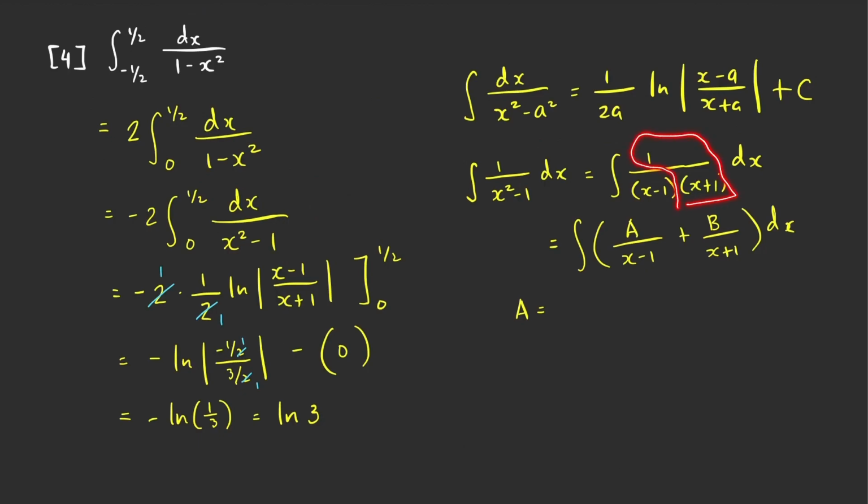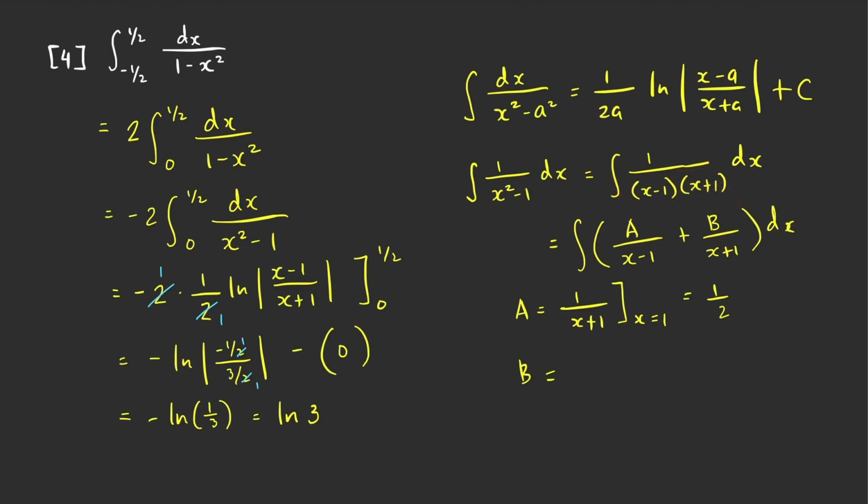You cover the x minus 1 in the denominator, and you get the value of 1 over x plus 1 at x equals 1. So this is using the cover-up technique, which is equal to 1 half. And for b, you cover x plus 1 and find the value of this when x plus 1 is equal to 0, that is, when x is equal to negative 1.